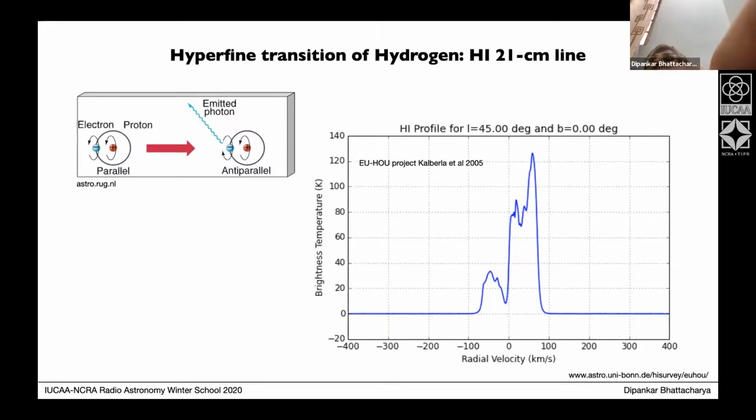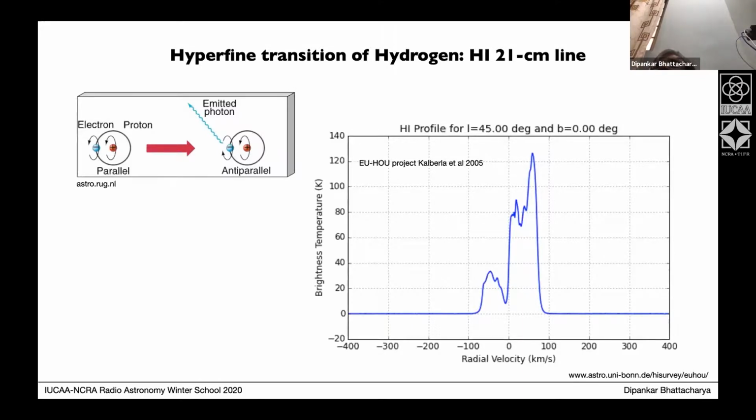And this comes in the radio band. This is one of the most prominent spectral lines in the radio band, where in a hydrogen atom, the electron and the proton, if they make a transition from parallel spin to anti-parallel spin, then an energy difference occurs and a photon is emitted.